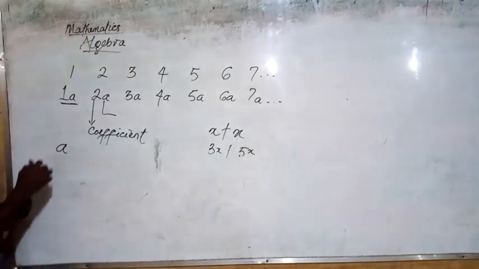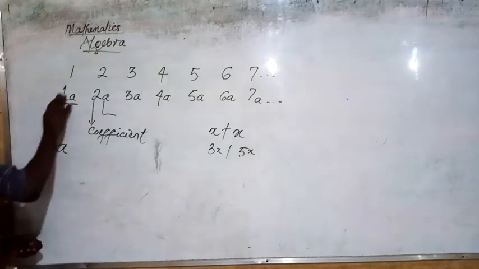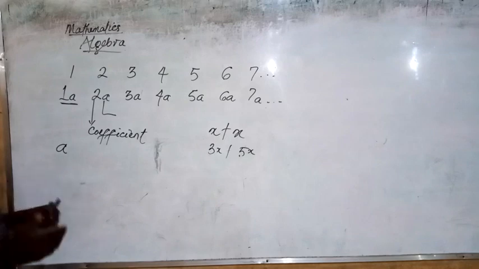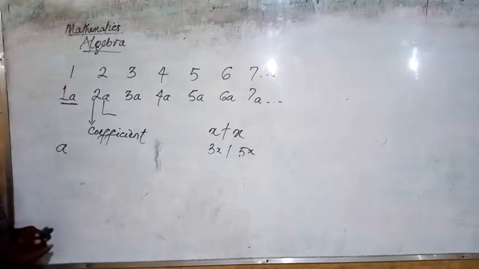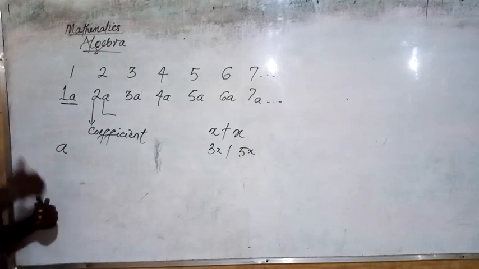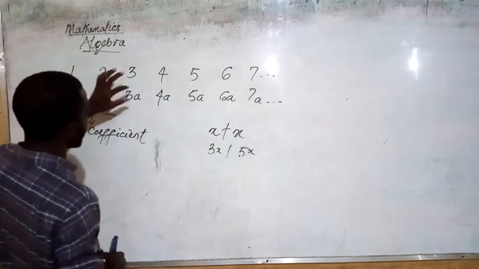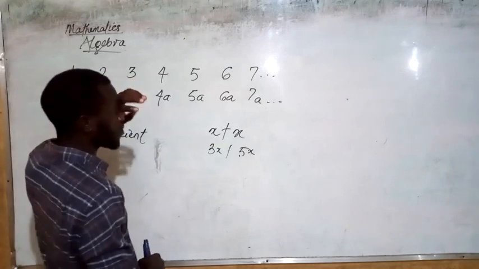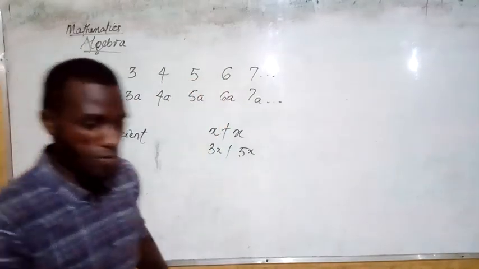We simply write the algebra alone. So a is the same as 1a. The 1 becomes invisible because of course it is 1a. But as it progresses, we begin to add the coefficient: 2a plus 1a is 3a, 3a plus 1a is 4a, 4a plus 1a, and so on and so forth.